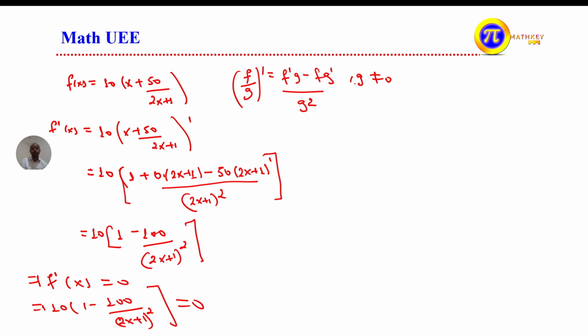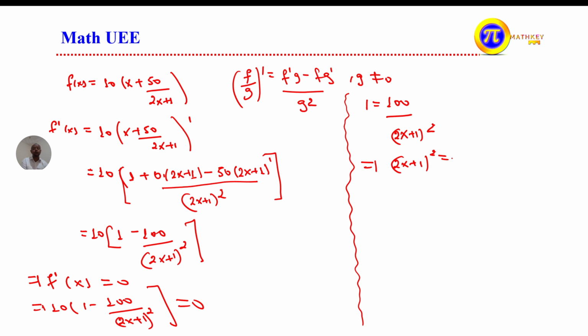Solving for x, 1 is equal to 100 divided by 2x plus 1 the whole squared. Cross-multiplying, 2x plus 1 the whole squared is equal to 100.